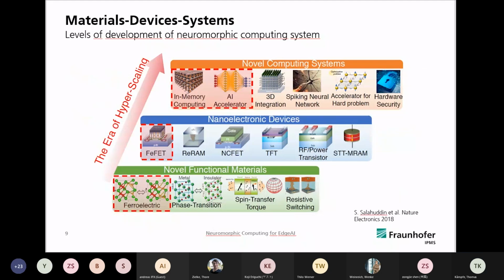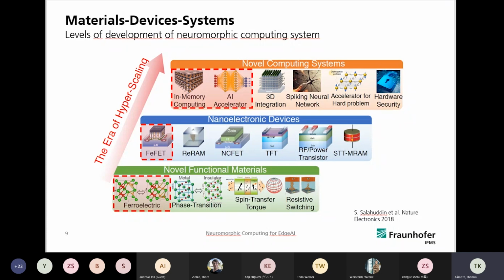So, in the very beginning, we are facing an era of halted compute price efficiency. To overcome this, a lot of researchers expect an era of hyperscaling by innovation on various levels of development, in which new materials, new devices, and new system components or system implementations get established to improve the cost efficiency for the compute power.